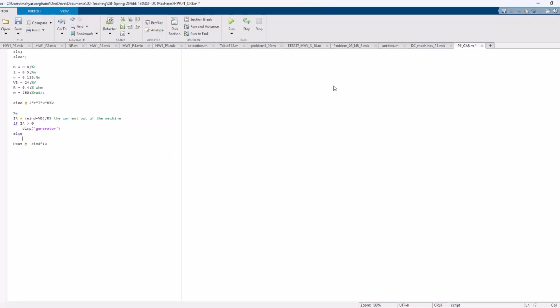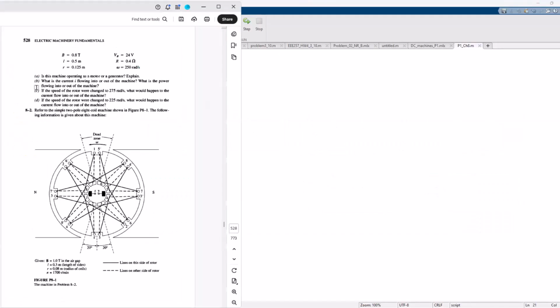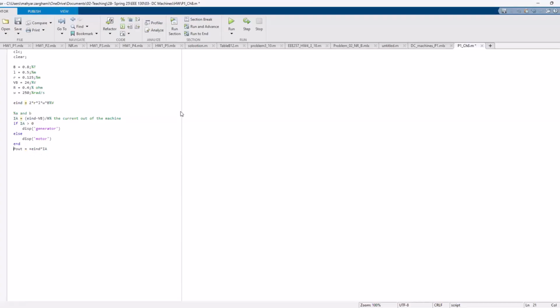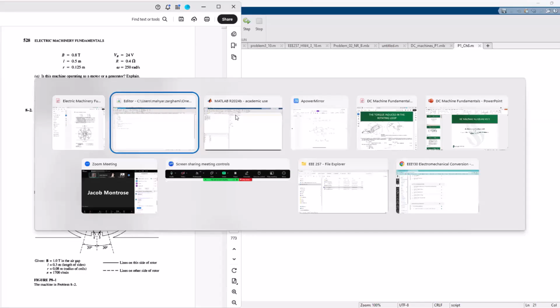Else, we know that the machine is a motor, right? So this is part A. Part B, because of the changes that we made, has to be now positive, E induced times IA. This was part A and B, both together. P out is the power out of the machine, which should now become a positive value.